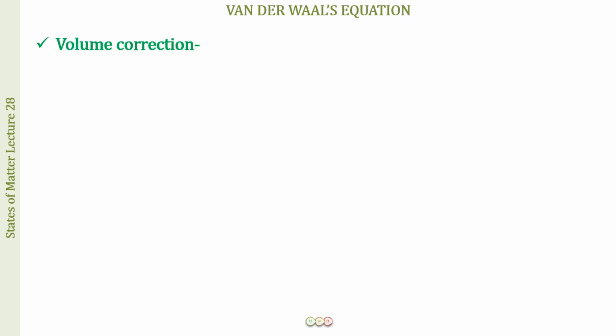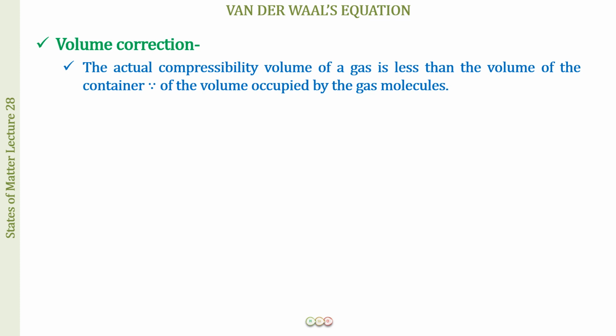As far as the volume correction is concerned, van der Waals noticed that the actual compressible volume of a gas is less than the volume of the container because of the volume occupied by the gas molecules. What this means is, if we have this container over here, according to the kinetic theory of gases, the gas molecules are point masses.